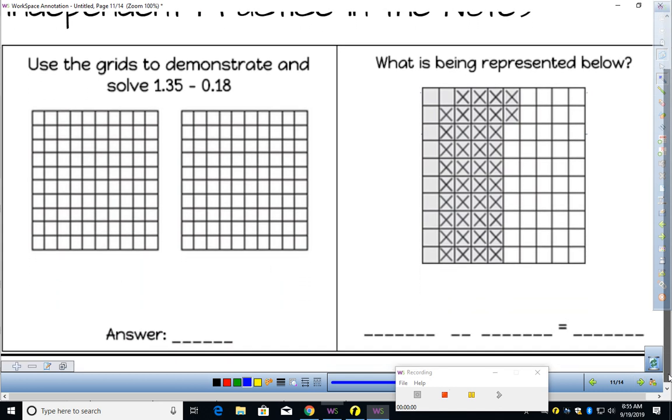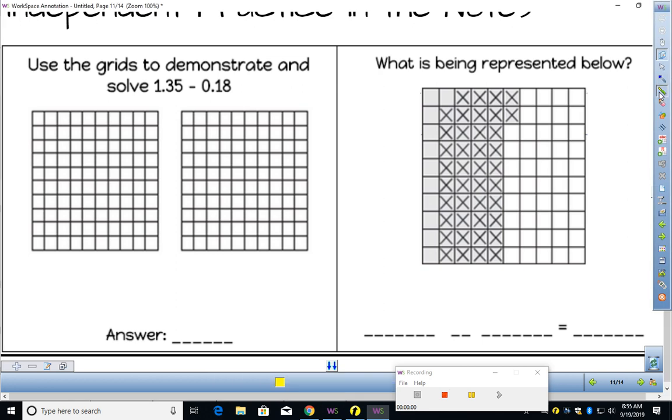First thing we're going to do here is try a couple problems. In this first example, I'm going to be doing a subtraction problem. So I start with my first number. I'm going to highlight that in pink. I need to highlight 1 whole and 35 hundredths.